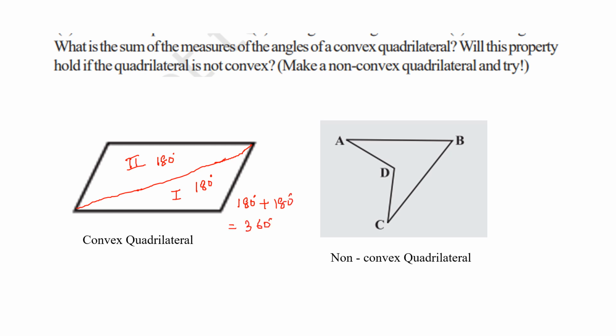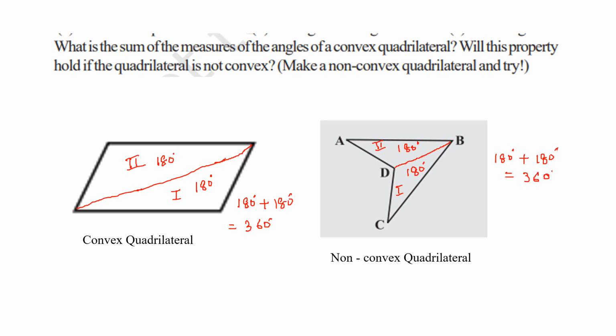Now if you see the second figure, which is a non-convex quadrilateral, here also if I join this diagonal BD, again I can see the figure is getting divided into two triangles 1 and 2. So the sum of the angles of the first triangle is 180 degree, the sum of the angles of the second triangle is also 180 degree. So here also the sum of all the four angles will become 180 degree plus 180, which is equal to 360 degree.